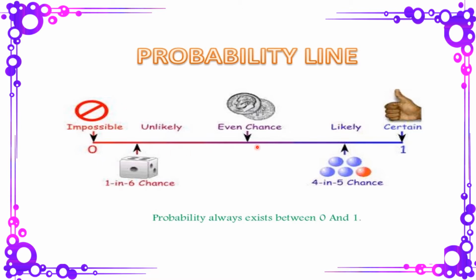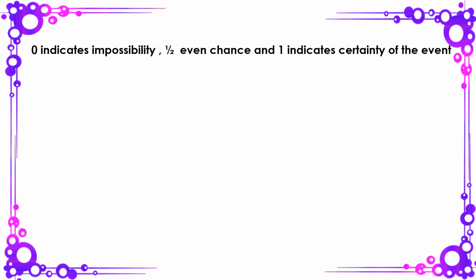Even chance is 1/2 chance that it might happen, and 1 is that the event will happen. So let's have an example. Again, 0 indicates impossibility, 1/2 even chance, and 1 indicates certainty of the event.